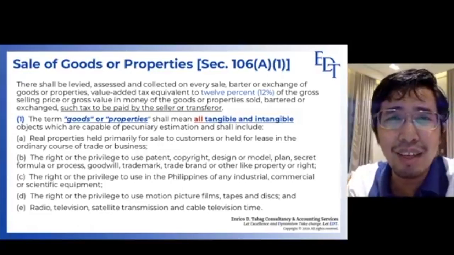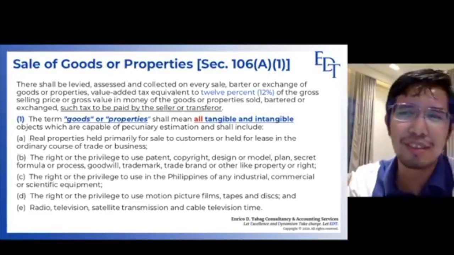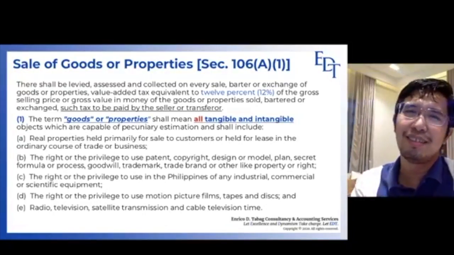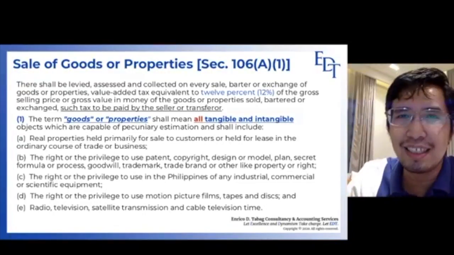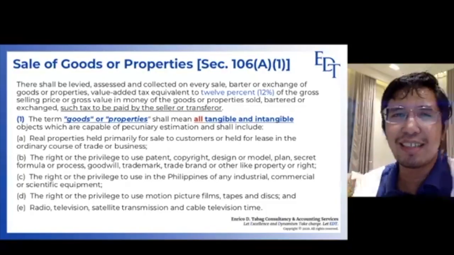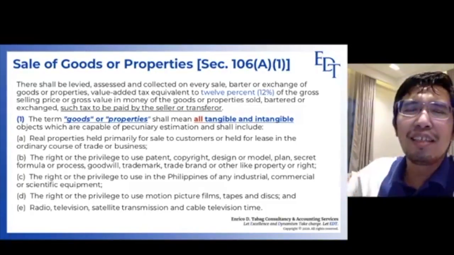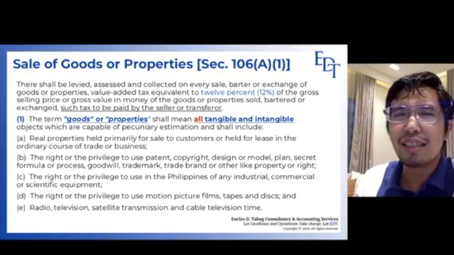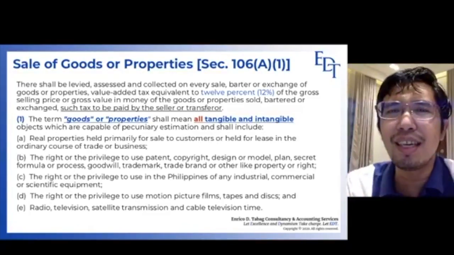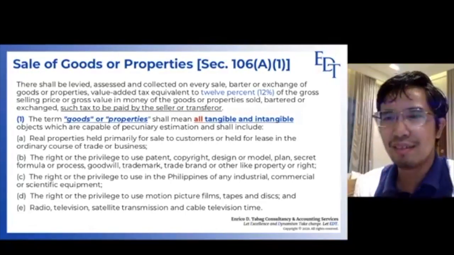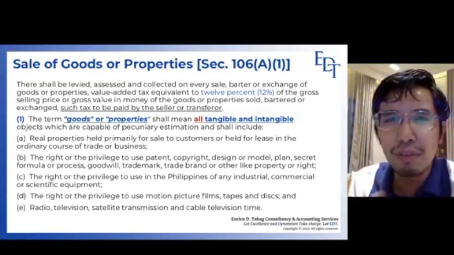Kasi lahat daw ng goods or property, unless of course exempt under the law. At na-discuss na natin yung mga VAT exempt sales and transactions, di ba? So, the moment that the good that you are selling, the property that you are selling will not fall under the exempt sale, then obviously it will be subject to VAT.